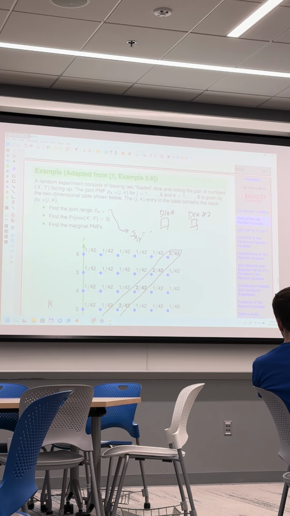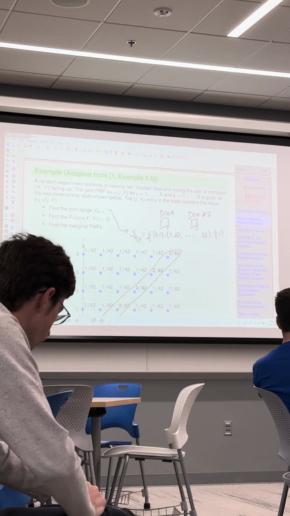Therefore, you will see that the joint range elements were 1, 1, 1, 2. We did write this already in our last class. I'm just writing it again: 1, 6, and then another element is going to be 1, 1. So order matters.